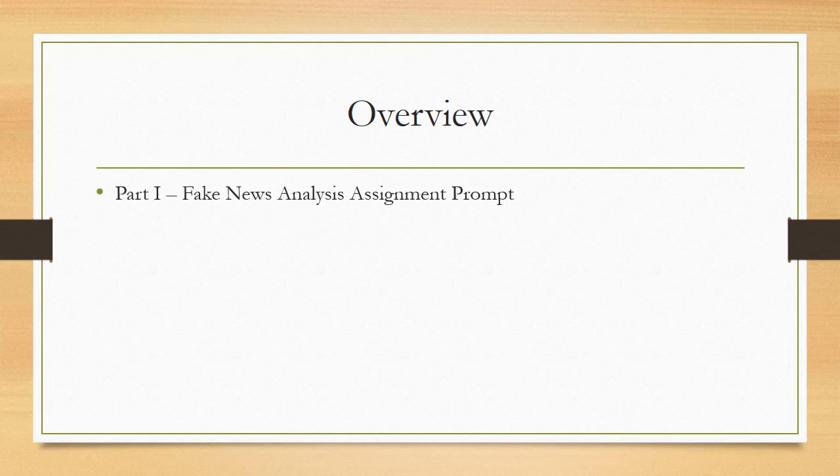This portion of the lecture would simulate in a face-to-face class what I would do when I put the assignment prompt on the screen, hand you out copies of it, go over it as a class, and answer your questions. It's meant to simulate that kind of introduction to the assignment, again, to be as clear and as transparent as possible about what I'm asking.